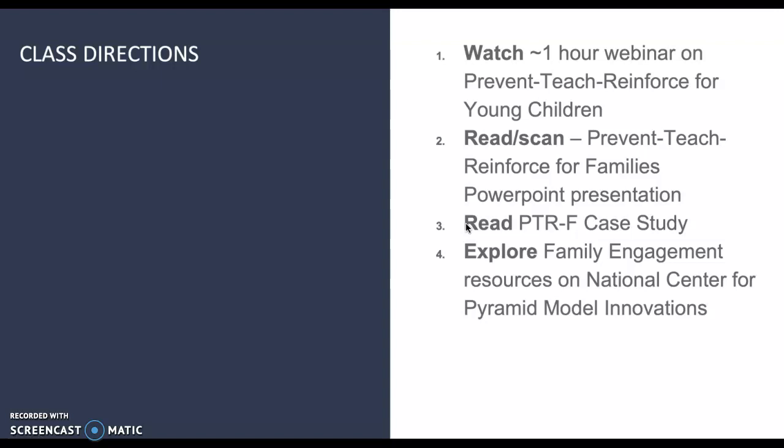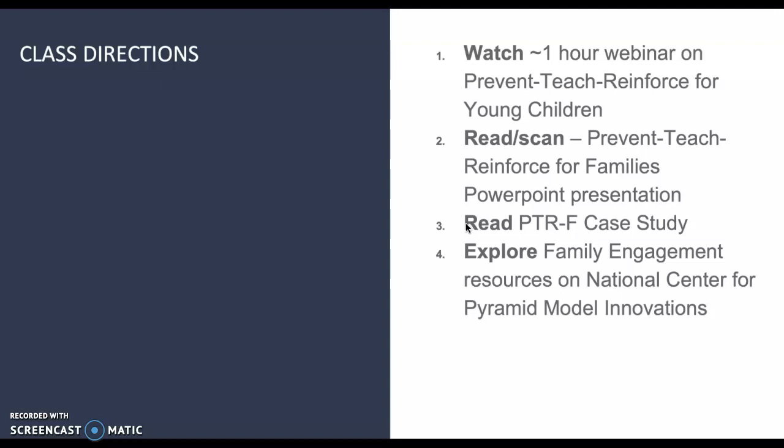So then the third component, which I think might bring it all together and hopefully be most useful in terms of the application, is reading through a Prevent, Teach, Reinforce for Families case study. You'll notice there are four main parts that I've uploaded, and I might have one more I need to add, walking you through a case study of Jimmy. So it's really looking at applying, and what does that look like in terms of the home and coaching.